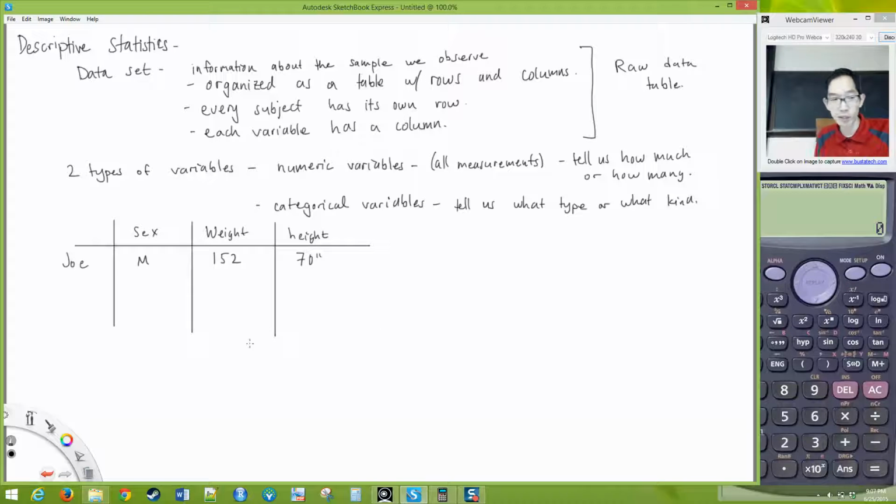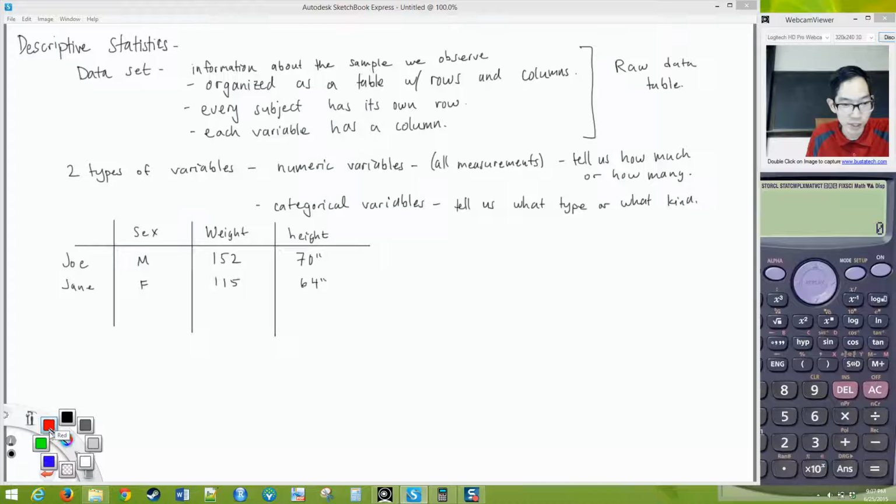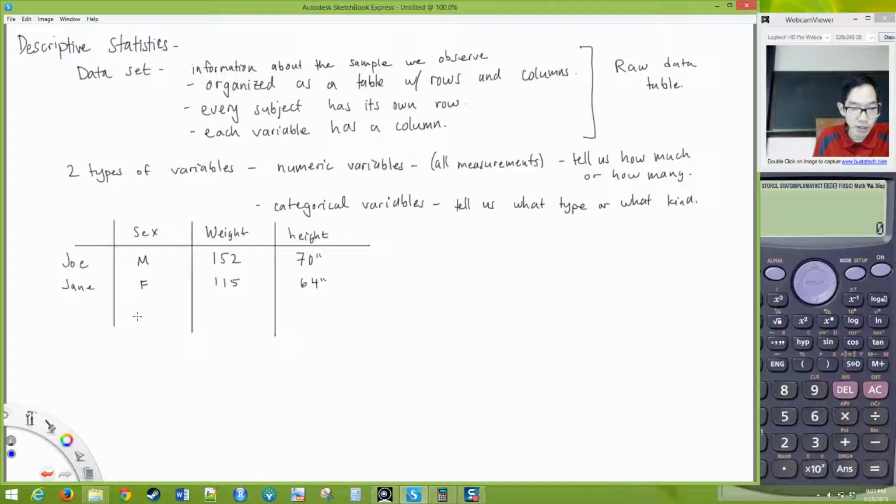Okay, and Jane is female, she weighs 115, and she is 5'4", 64 inches. Okay, and so in this case, sex would be categorical, weight would be numeric, and height would be numeric. Okay. Simple enough, right?